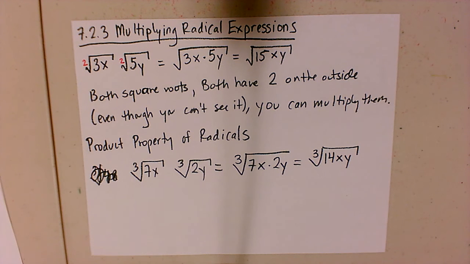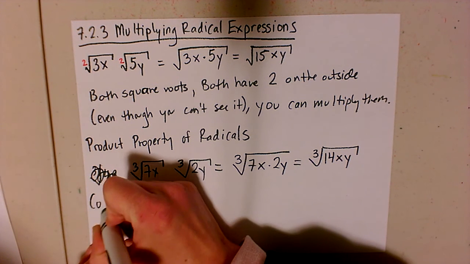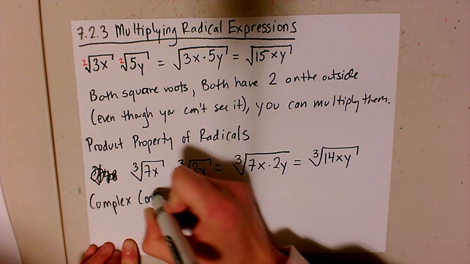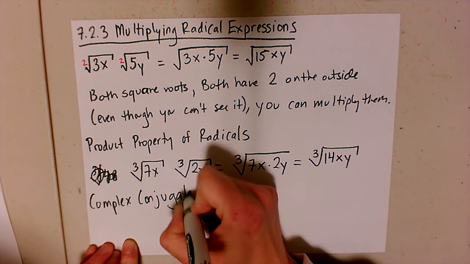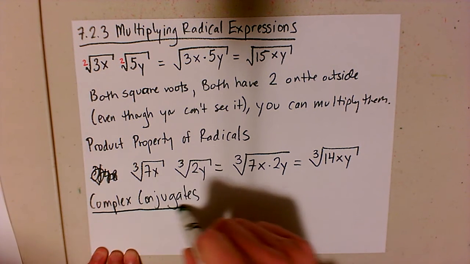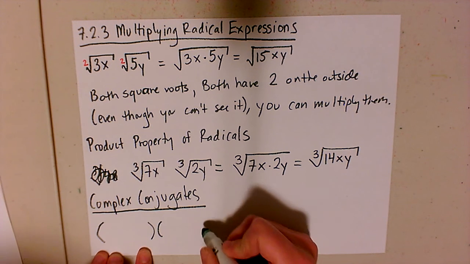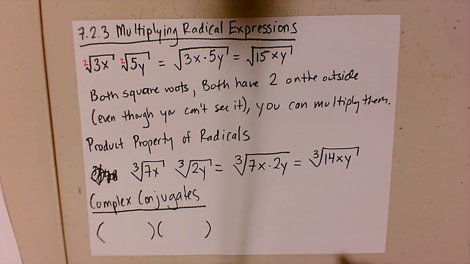That's one of the simpler things that we're going to be doing today, and then we'll be throwing some twists on that. The other thing that we need to talk about are complex conjugates. Complex conjugates are things in parentheses that include radicals, or later on in the chapter they'll include imaginary numbers, but they're things in parentheses that are being added or subtracted to each other.